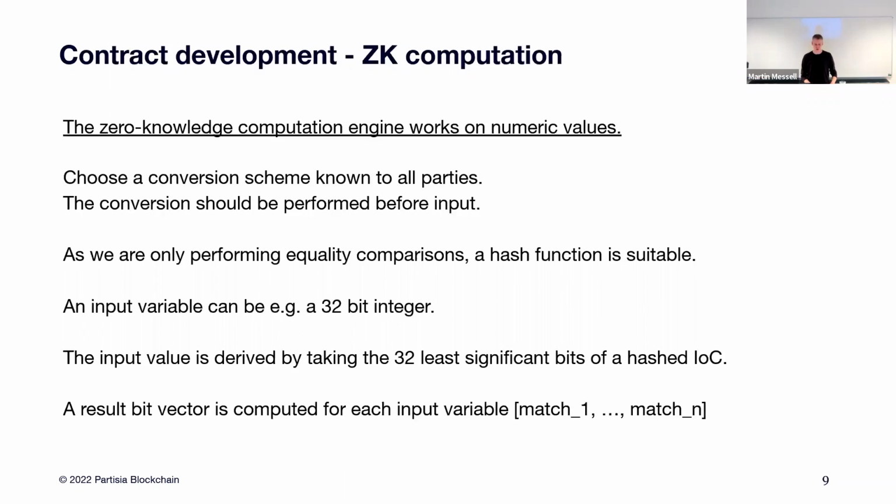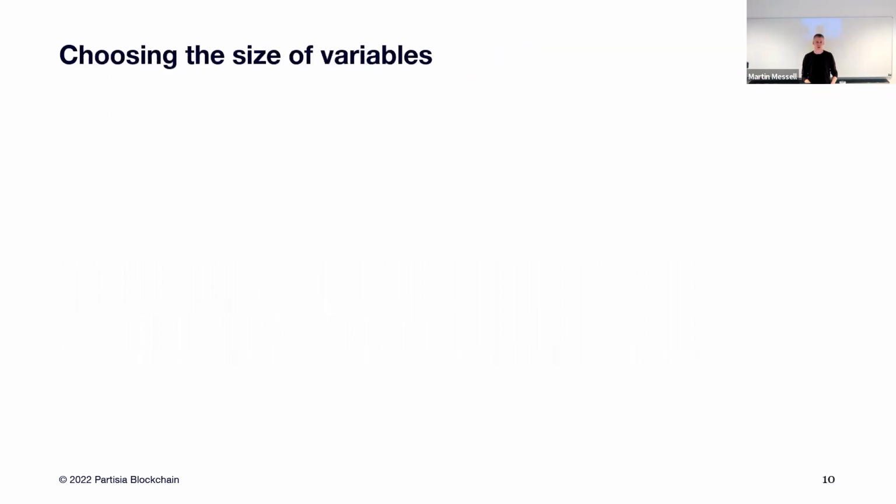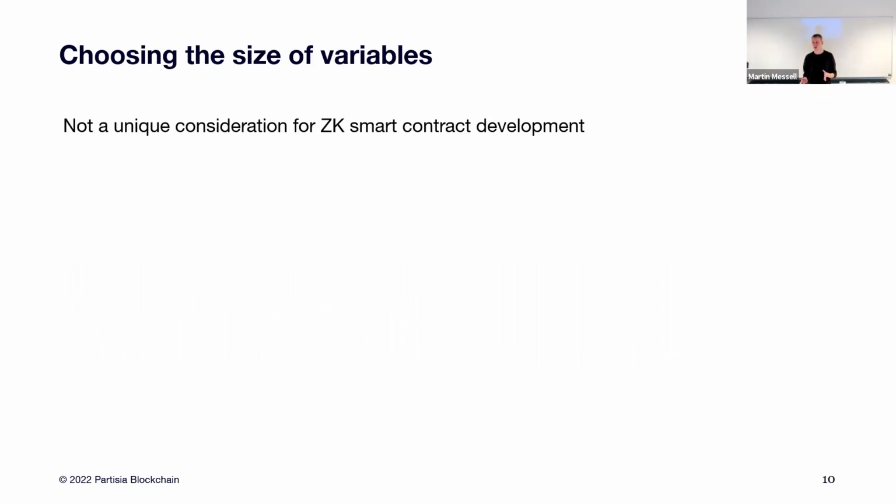Now, it just shows here a 32-bit integer. Choosing the size of your variables is not a unique problem for ZK smart contract development.